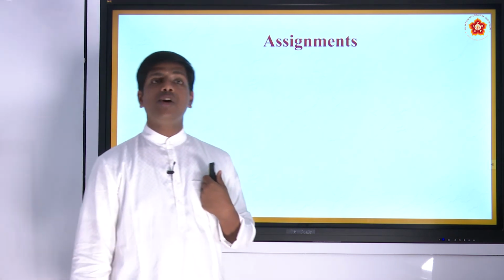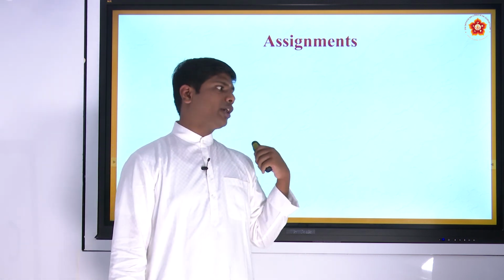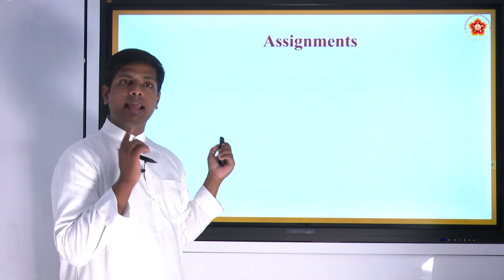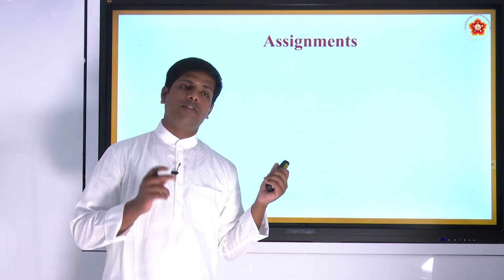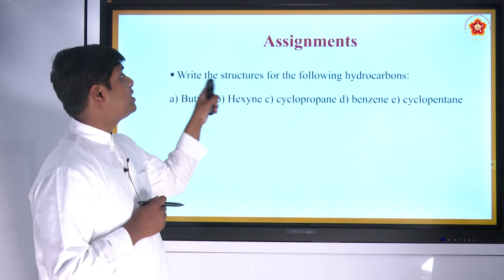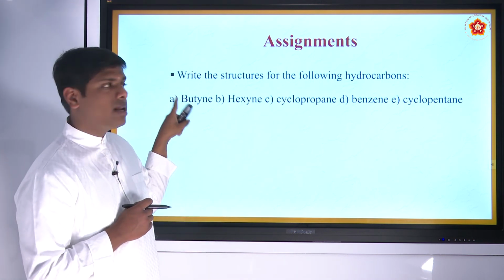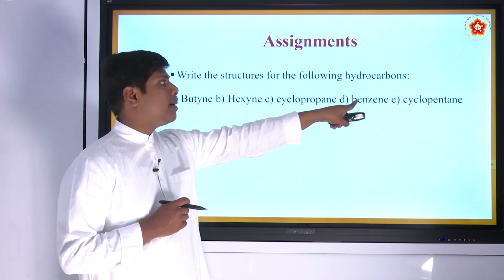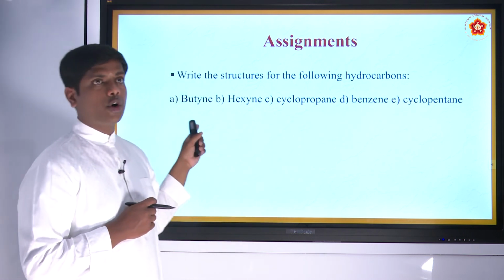Let us look at the assignments. I hope you understood this class very well. Please note down the assignments, write them and send them to your respective teachers. Write the structures of the following hydrocarbons: butyne, hexane, cyclopropane, benzene and cyclopentane.